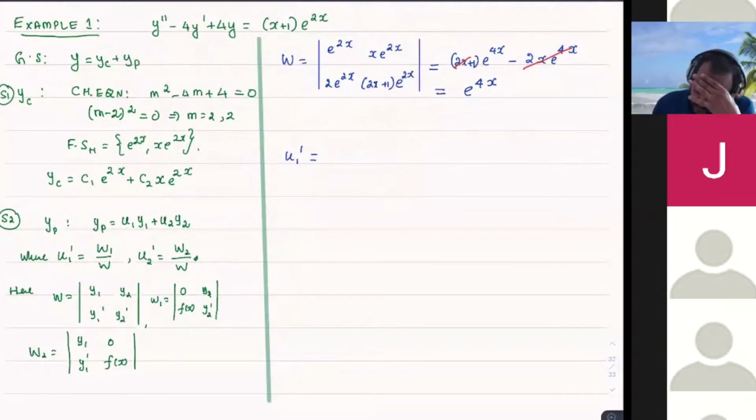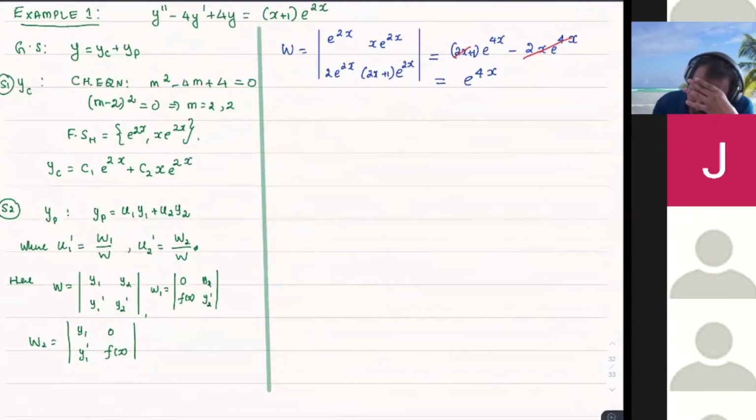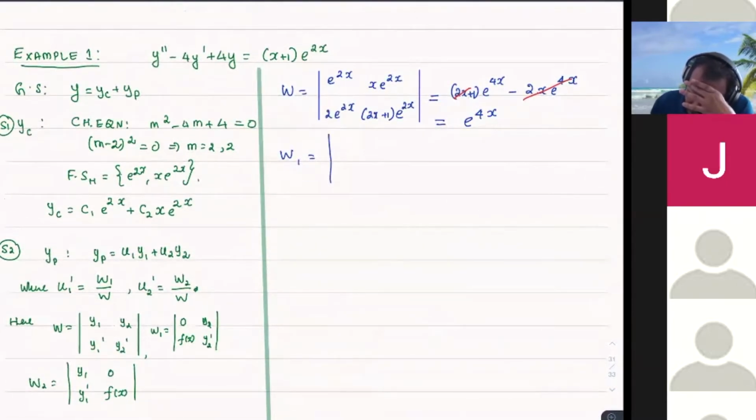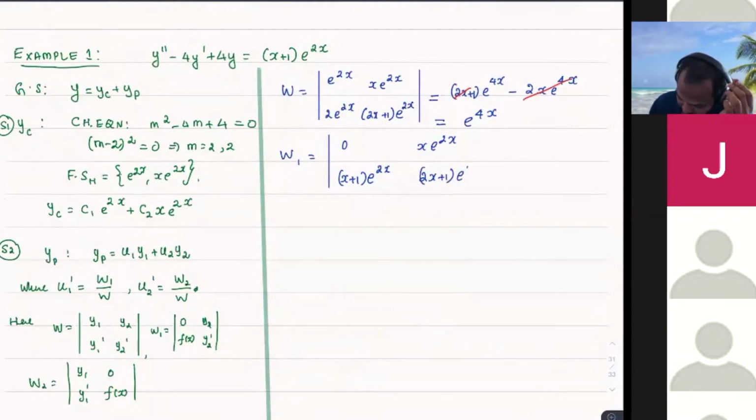Let's try to find the W1. W1 should be hopefully easier, not necessarily. W1 would be 0, x plus 1 e to the 2x, and x e to the 2x, and 2x plus 1 e to the 2x.